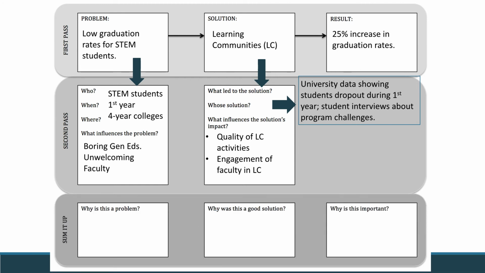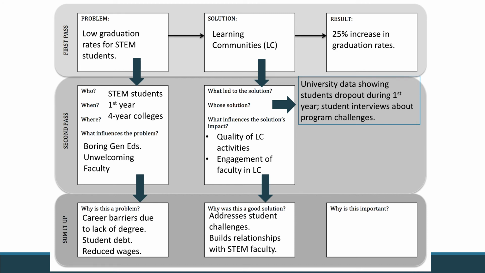Lastly, we want to consider this problem, solution, and result as a whole and make some inferences about why this is a problem and why this might be a good solution. In our example, we might hypothesize that dropping out of college leads to fewer career options, student debt, and reduced wages, and that learning communities as a solution is good because it addresses student challenges that lead to dropout.